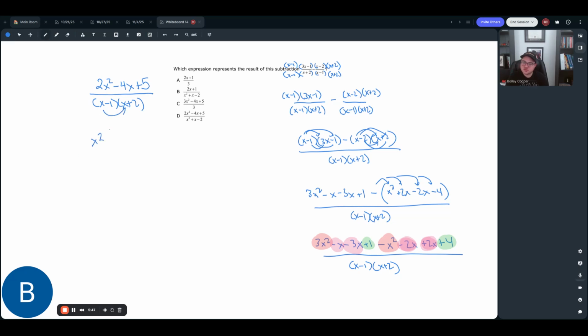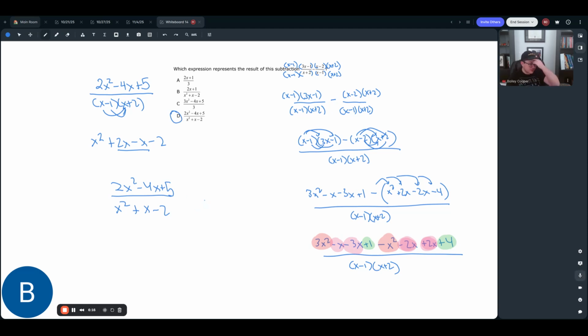So that's going to be x squared plus 2x minus 1x minus 2. And then if we combine these like terms here, plus 2 minus 1, that's going to simplify to a plus 1. So our denominator is going to be x squared plus x minus 2, with our same numerator, we didn't do anything to that. So let's see if that is one of our answer choices, and it is. Looks like that is answer choice D.